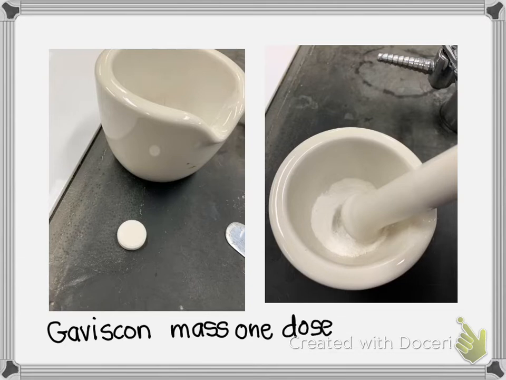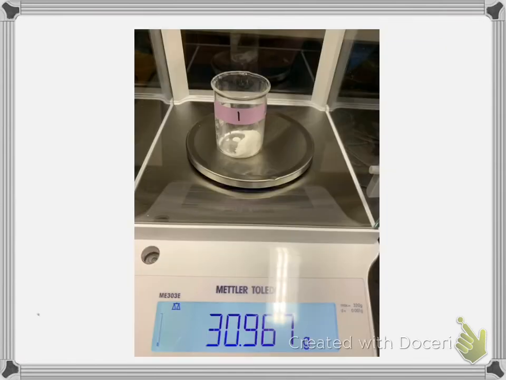But the mass of 1 dose of the Gaviscon is 2.163 grams. So you're going to record that. And so I measured the mass of it. There's the tablet. I took a mortar and pestle, and I actually did several trials. I did 3 trials of it, but we're only going to measure 1. So you need to record the mass of 1 dose.